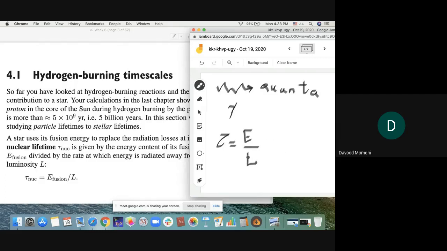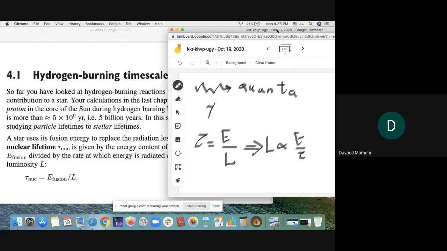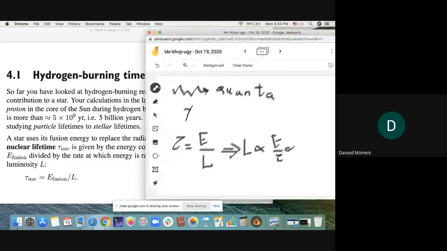So you can see from here that luminosity is, not exactly, but like energy per lifetime, energy per time. You know, it was called power in physics.